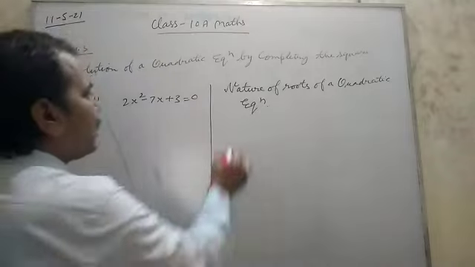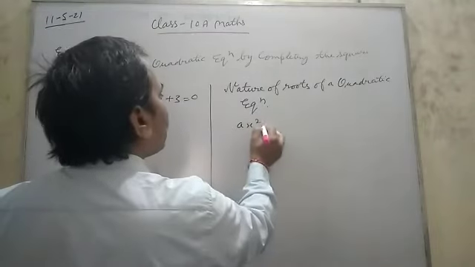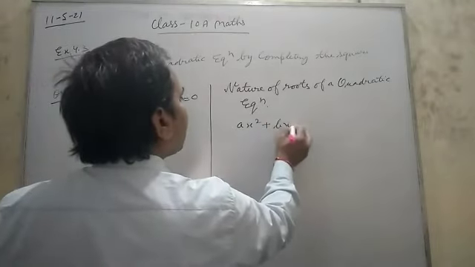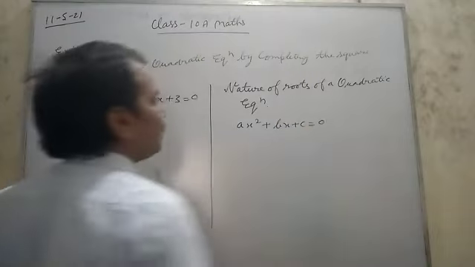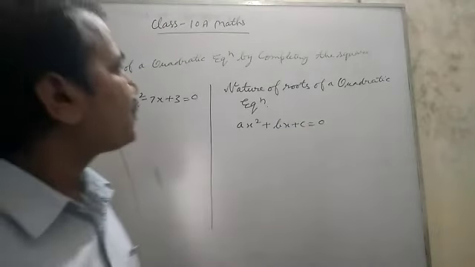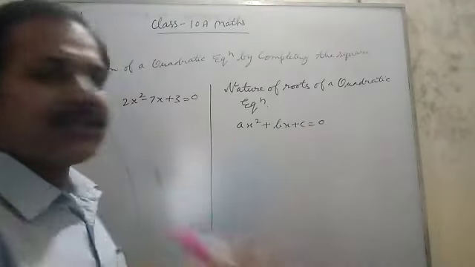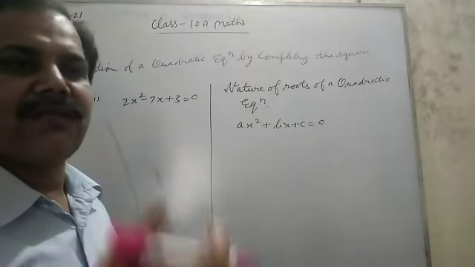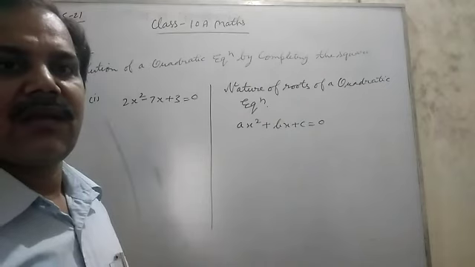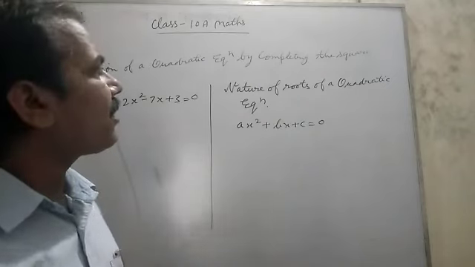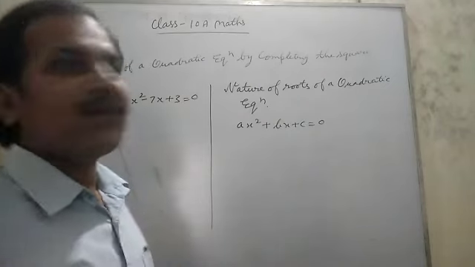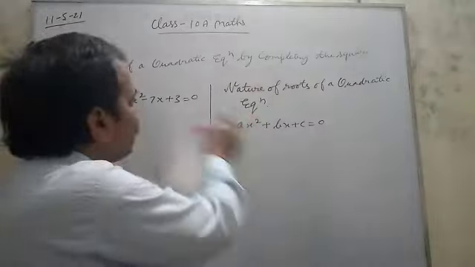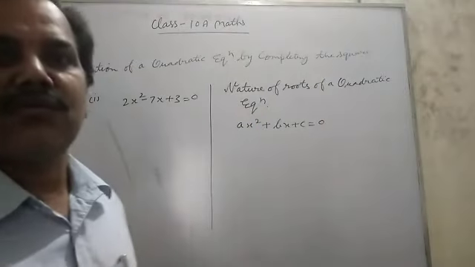So suppose the quadratic equation is ax square plus bx plus c equal to 0. So nature of roots means which type of roots will exist or will not exist, will be real or not real, without solving the equation. How to know?